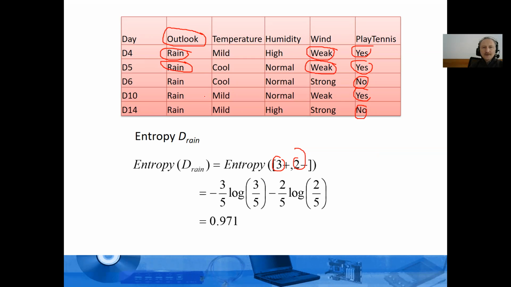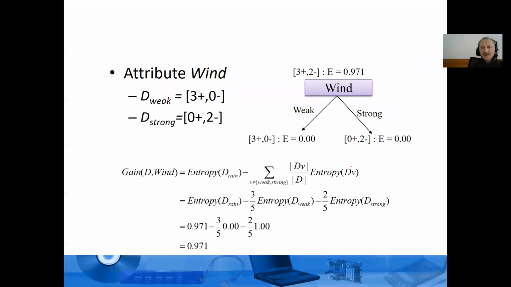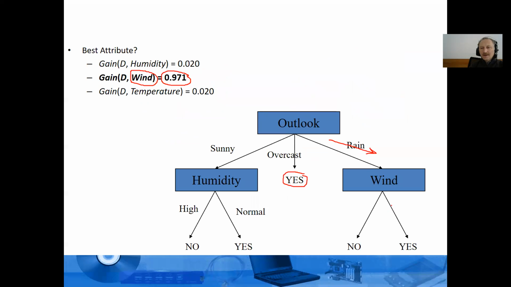Yes. Rain, wind, weak. Yes. Rain, wind, strong. Strong, yes. That's why this one is weak. If it is weak, they will play. If wind is strong, they will not play.